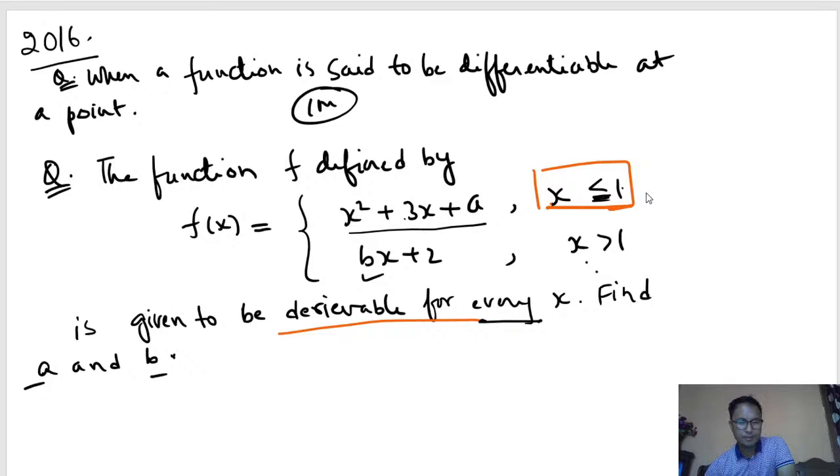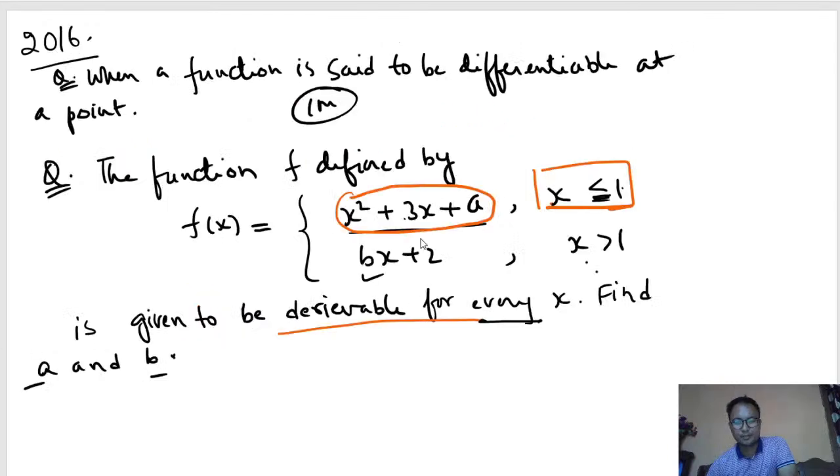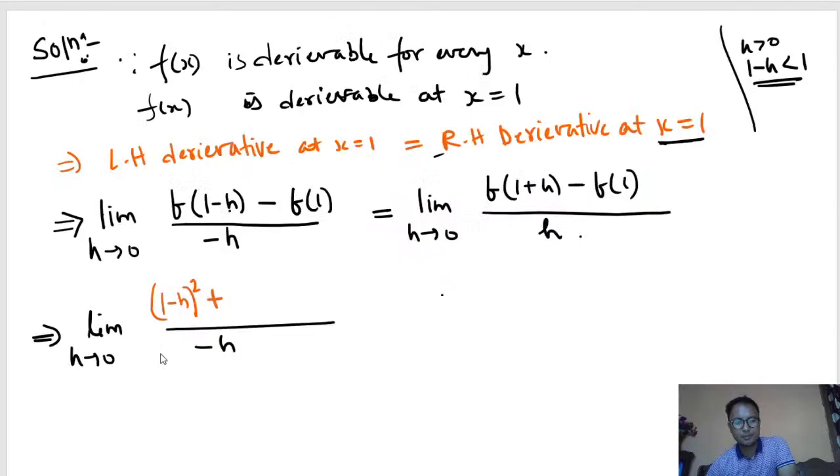For less than 1, the value of the function is the lower one, x squared plus 3x plus a, which applies for x less than 1. So we will put here x squared, 3 times x, with x as 1 minus h, and then plus a, minus the value of f of 1.